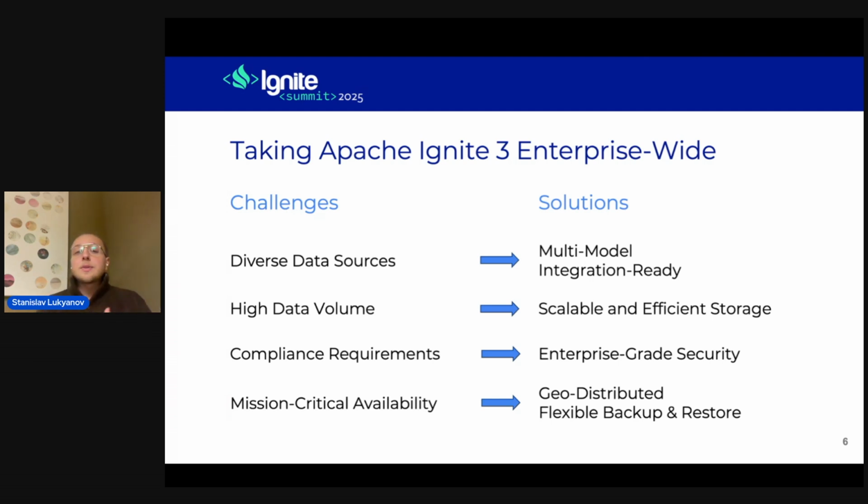As your business grows, as your Ignite usage grows, you will see that you need to connect to more different third-party systems. You need to support different kinds of data. It's not just key value or SQL, but maybe it's vectors, maybe it's some data that is specific to analytical workloads, etc. And you need to be able to integrate with these other systems seamlessly.